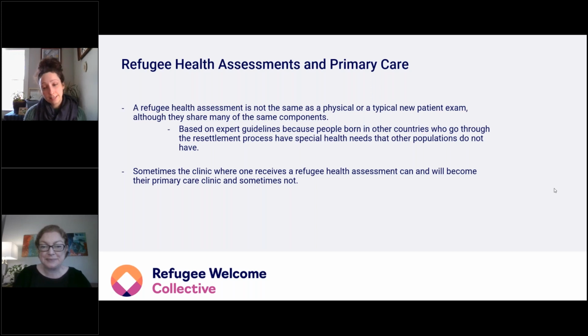Generally, if that's the case, there will be a discussion during the visit that finding a primary care provider is something the new arrival needs to figure out. Depending on who's assisting them with that, maybe it's you, maybe they feel comfortable doing it on their own, maybe it's a case manager or a friend or other supporter, they will find a new primary care clinic close by. All right, next slide.